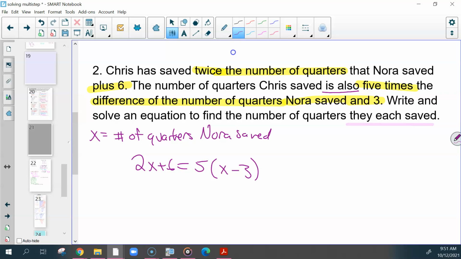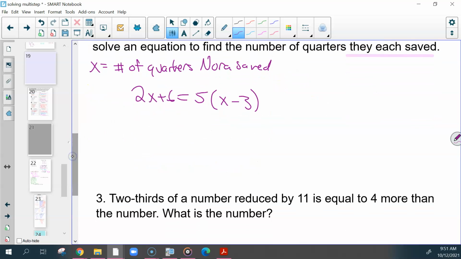So this is Chris's equation. This is also Chris's equation. So both of these are for Chris, but the x is Nora. So we can solve this, figure out what x is, and then go back and find Chris's. So after we distribute, we have different things we can move.